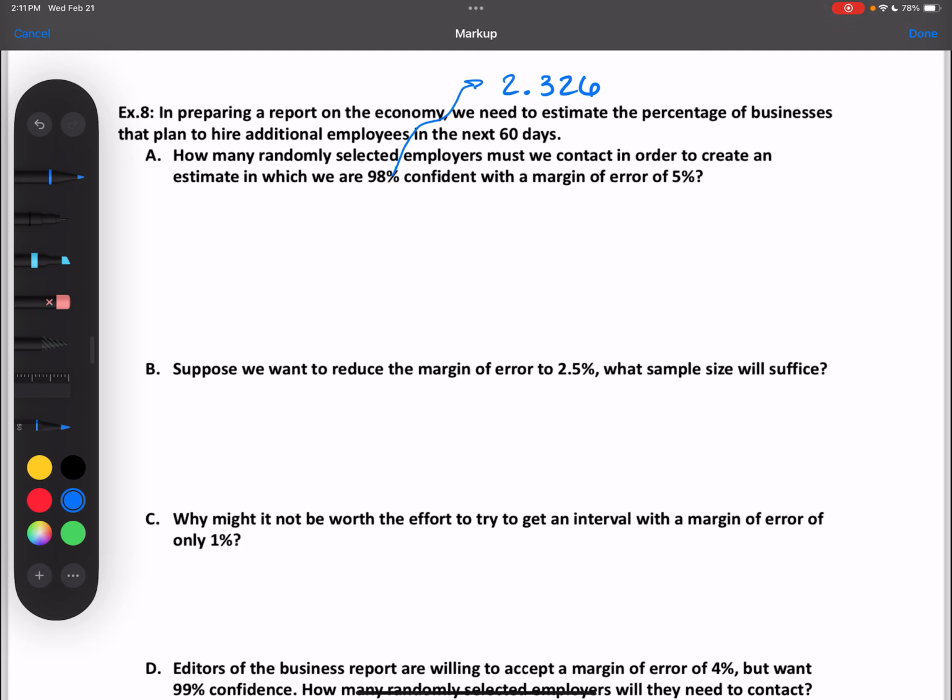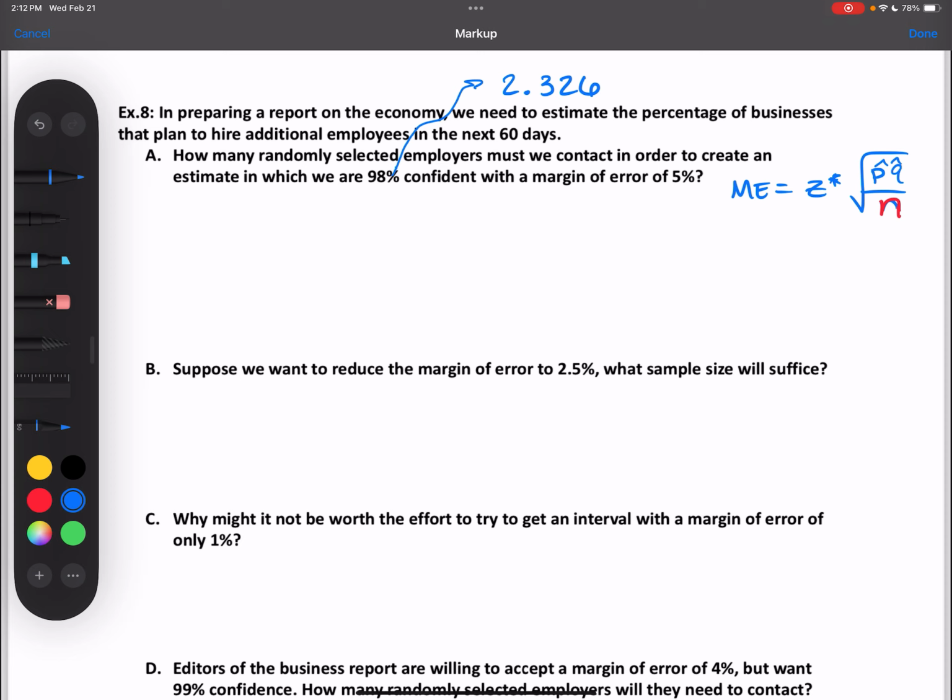But I'm going to do it as if you didn't have that formula memorized. We're going to solve it ourselves so that you see it solved again. Margin of error is equal to z star times the square root of p hat q hat over n. And I am trying to solve for n in this case.